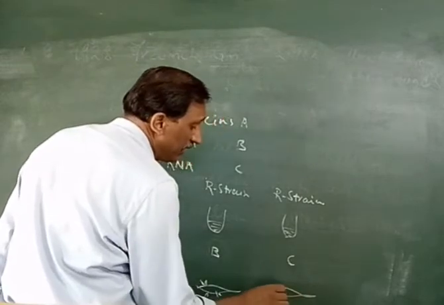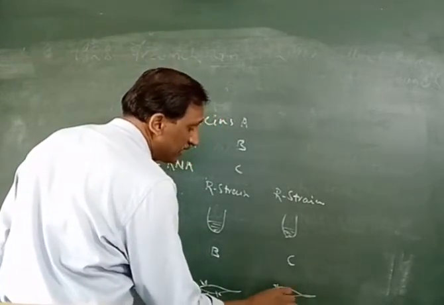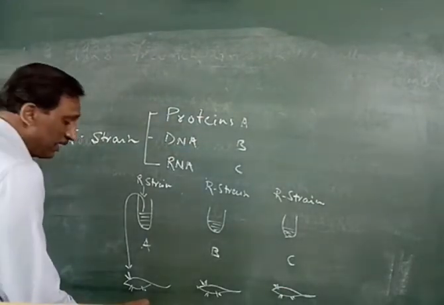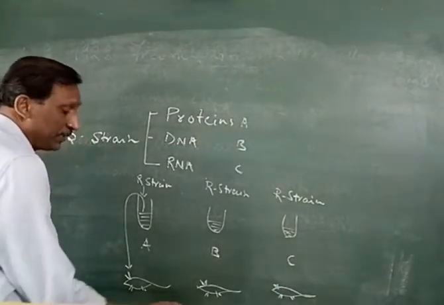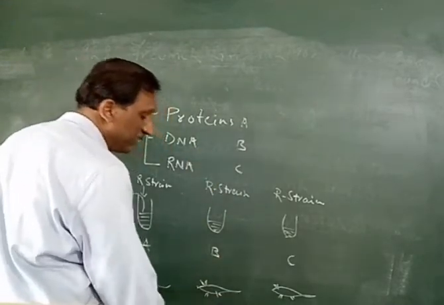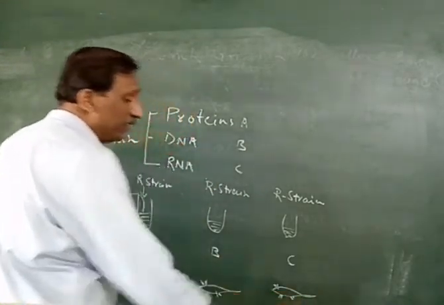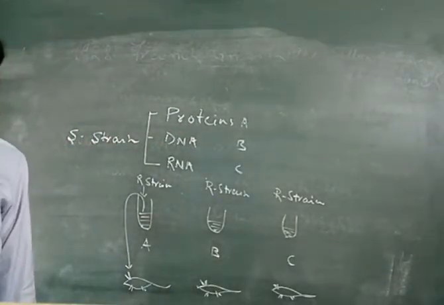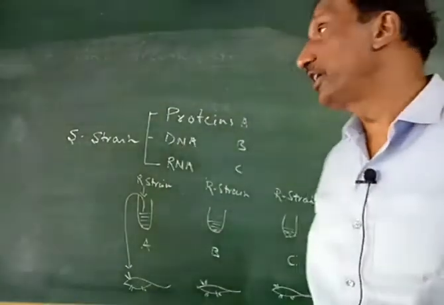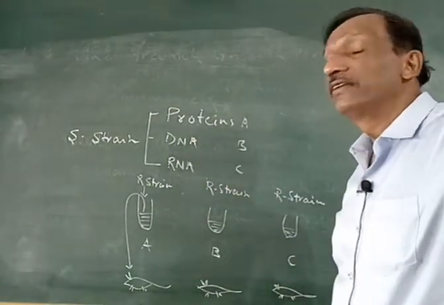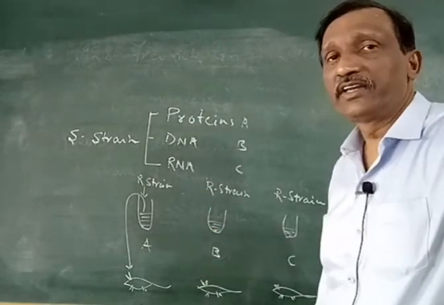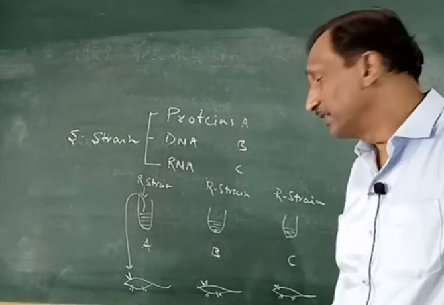They found that the rat did not die in the protein and RNA cases. The rat died only when the DNA isolated from the S-strain bacteria was mixed with the live R-strain bacteria and injected.